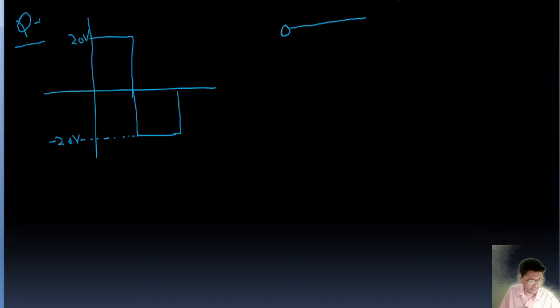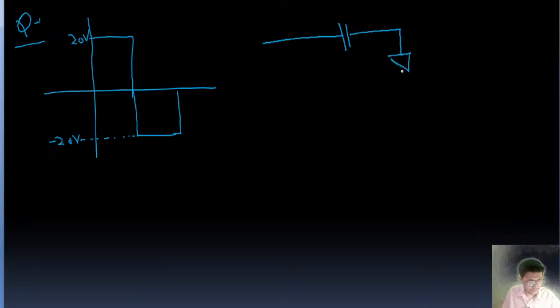The clamper is like this. This is the capacitor, and there is a diode.